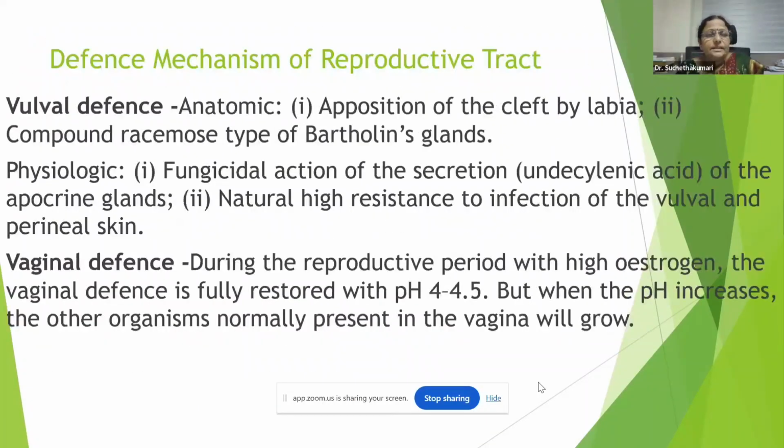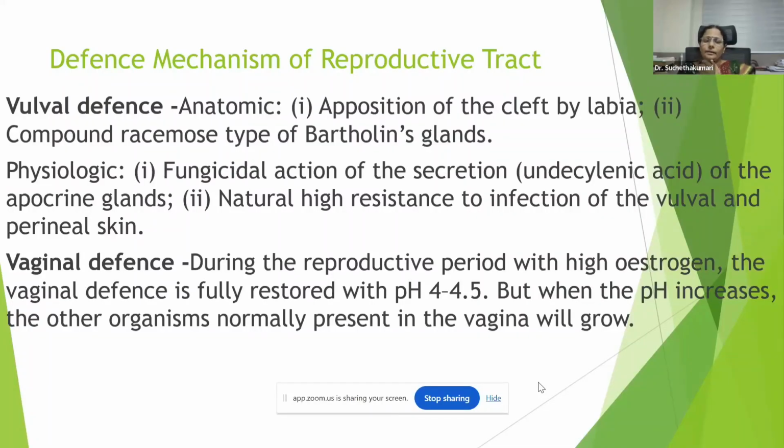So, next, coming to the defense mechanism of the reproductive tract. The genital tract and the urinary tract, and on the other hand the anus, are in very close proximity to each other.